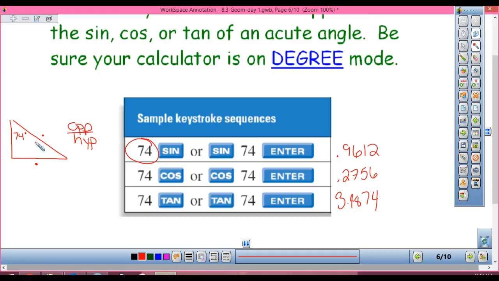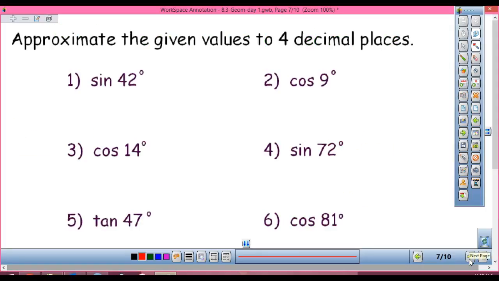Okay, so no matter what my side lengths are, if my degree is 74, opposite divided by hypotenuse will always be 0.9612, no matter what. Okay, so that's what they mean by that ratio.